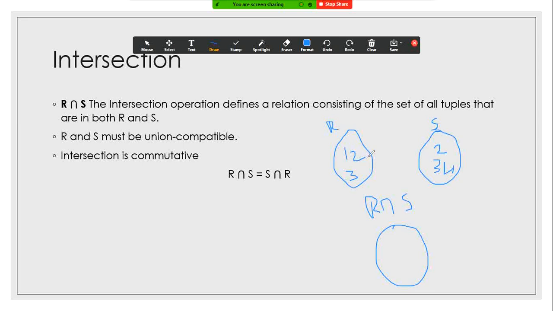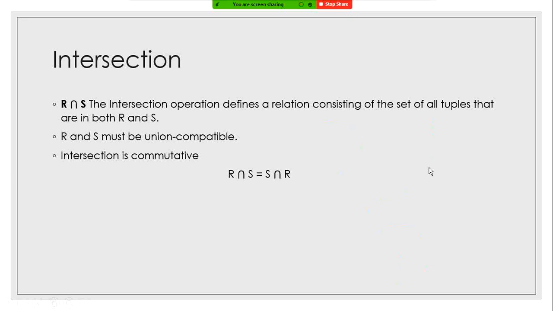Next, 2 is present in both tables, so we will write it in our result set, and then we have 3 in both tables as well. We will also include 3 in our result. So this is the set R intersect S, which includes values that are present in both R and S.